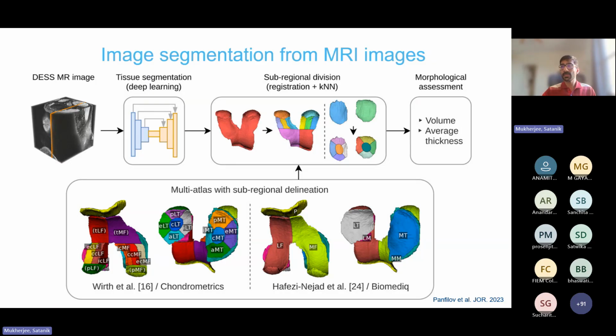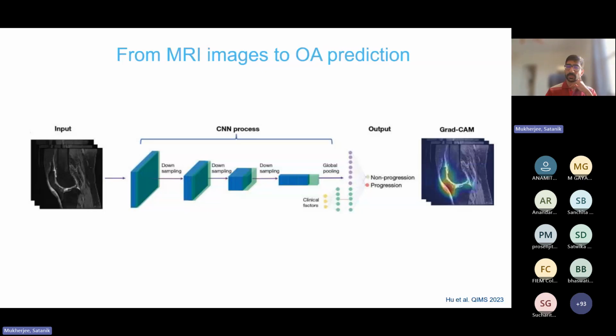So from the image segmentation of MRI images, there has been huge progress in these algorithms. Not only is it useful to segment the images and infer about changes in morphology, but some of the recent research in this field has also looked into combining these inferences from the images, but also informing these deep learning methods with other clinical factors.